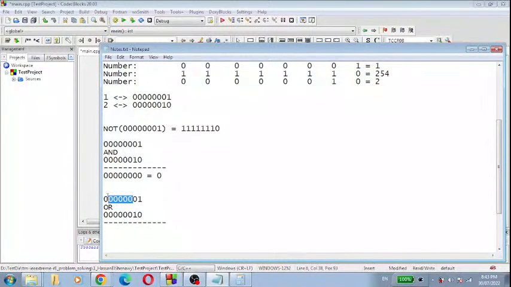Actually, these 6 zeros are going to be ORed with these 6 zeros, so I get 6 zeros here. Then 0 ORed with 1 is going to be 1, and 1 ORed with 0 is going to be 1 also. Now what is this number? It's simple.